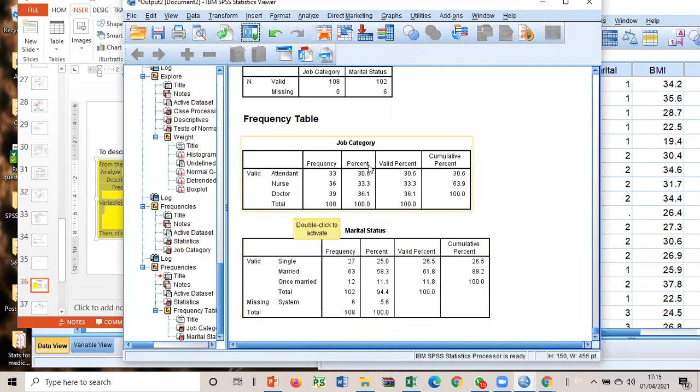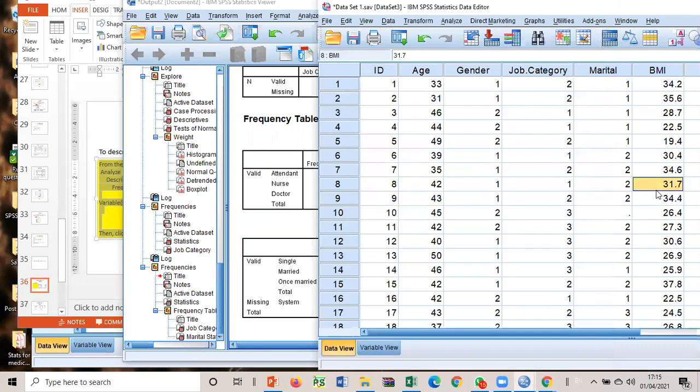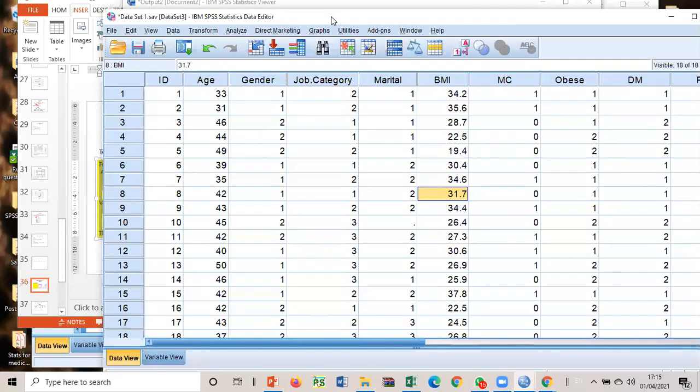This is called valid, meaning in this column there are 6 missing, isn't it? That means 6 people did not disclose. Doctor, is it the same meaning as misclustering? No, it's not misclustering. That's different. Look at the data, case number 10.